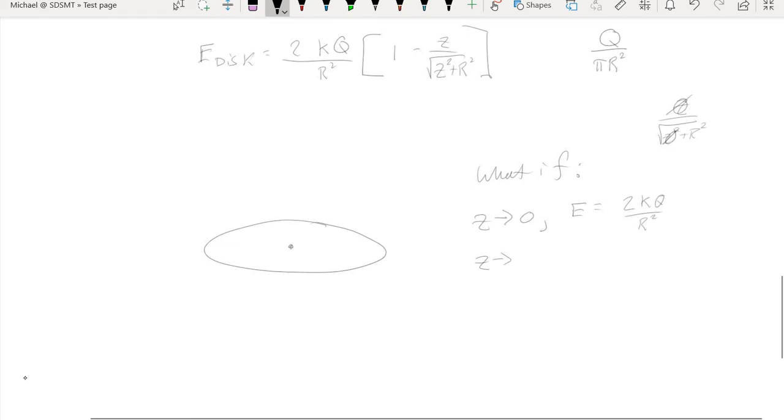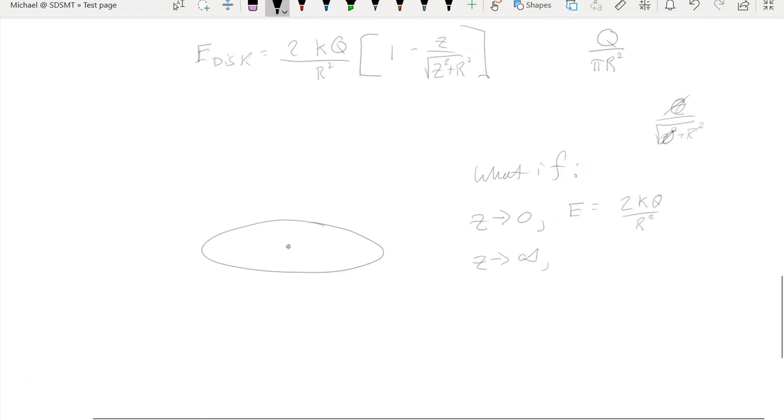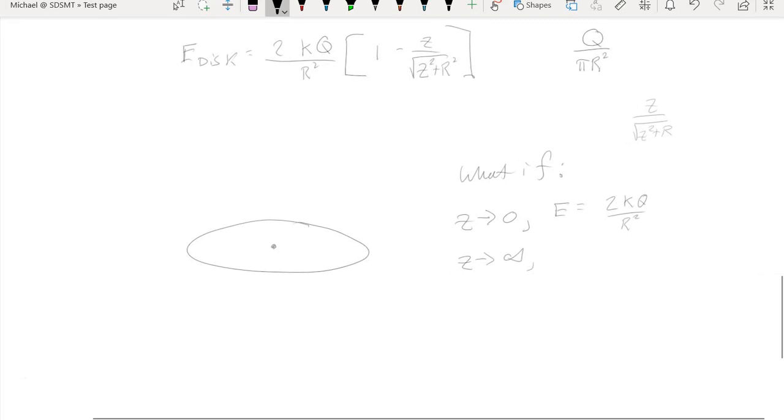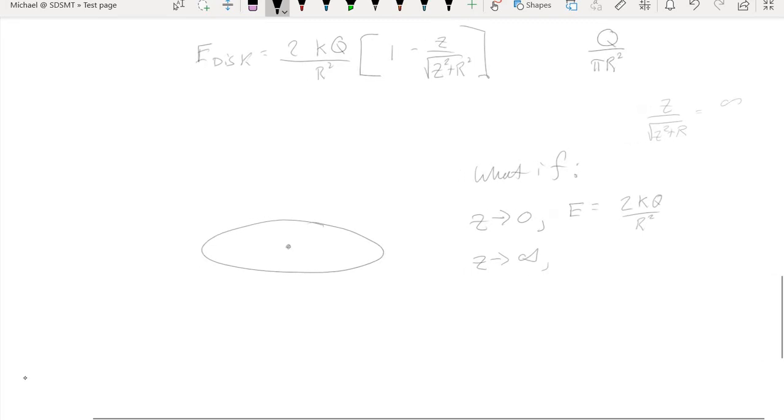What would happen if we let z go to infinity? So if we go to infinity, the second term within our brackets, I would have infinity in the numerator. I would have, let's see, z squared plus r squared. If the z is infinitely large, then r squared doesn't matter anymore.